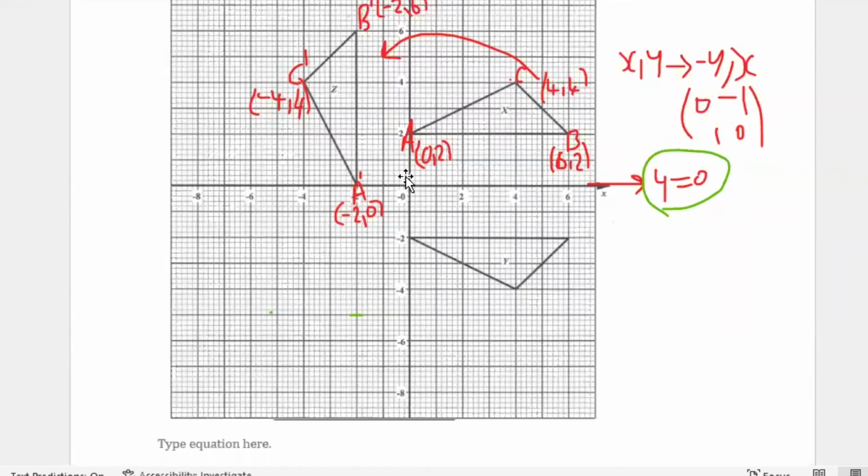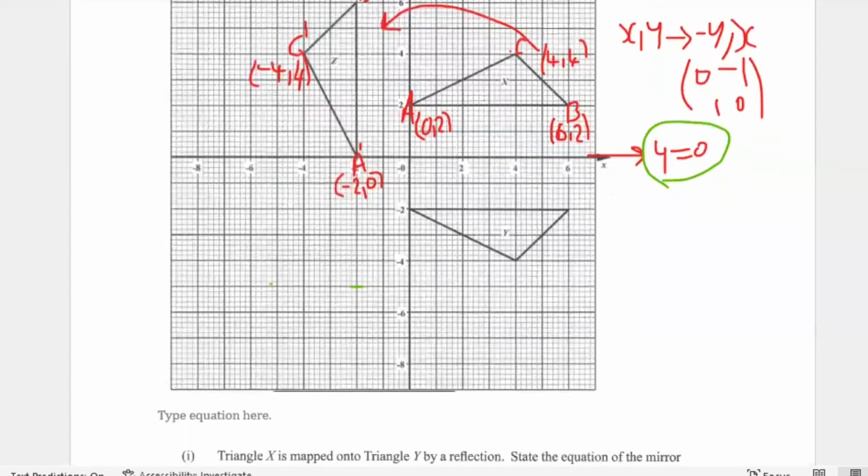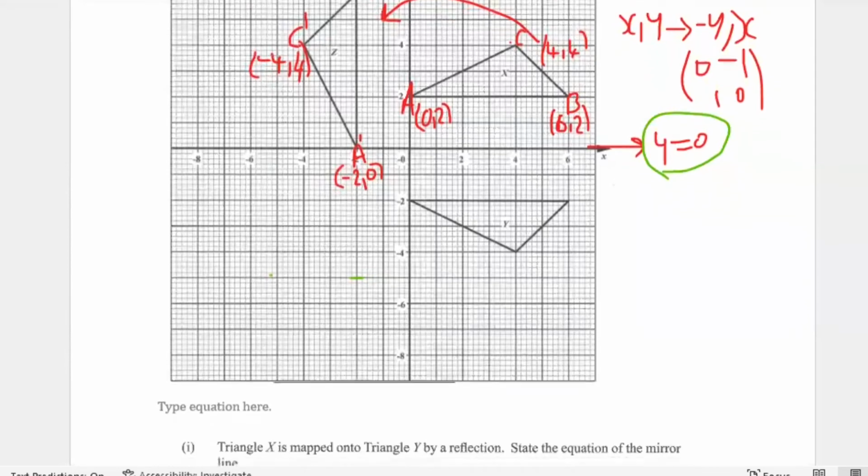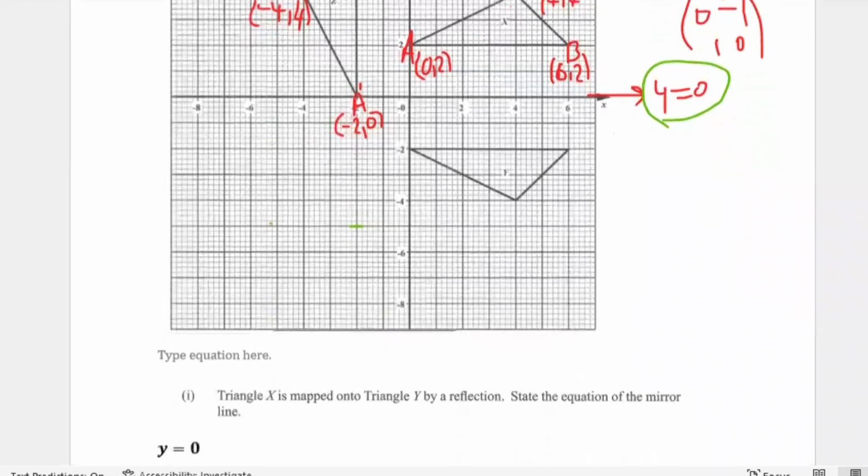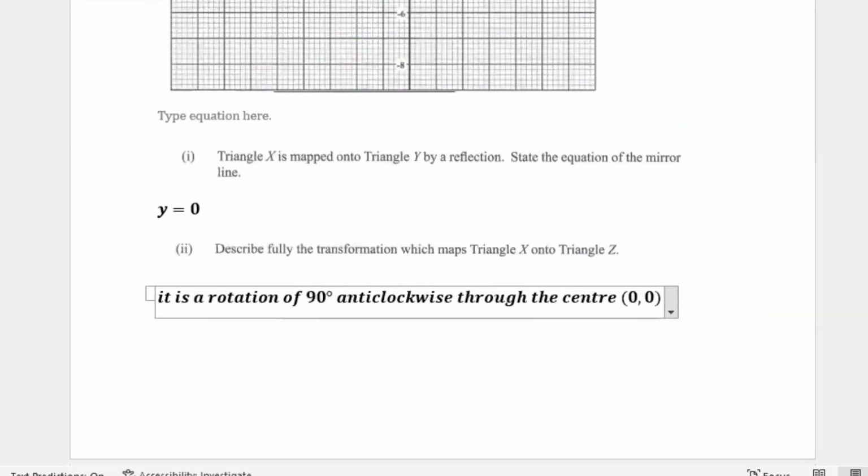And that also helps to confirm that the center of rotation is the origin, which is 0, 0. That is another way of looking at it, but you'll still need to know that this is a rotation anti-clockwise 90 degrees. So that is our answer there.